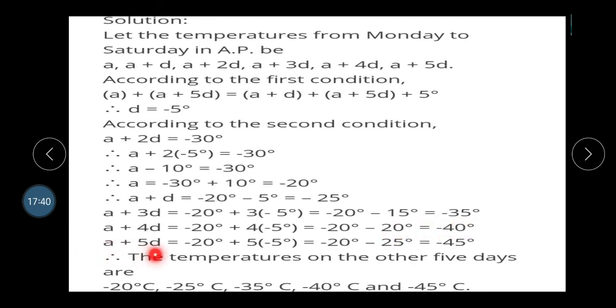A plus 5D is equal to minus 20 plus minus 5 into 5, is equal to minus 20 minus 25, is equal to minus 45. Therefore, the temperatures on the other 5 days are minus 20 degrees Celsius, minus 25 degrees Celsius, minus 35 degrees Celsius, minus 40 degrees Celsius and minus 45 degrees Celsius.